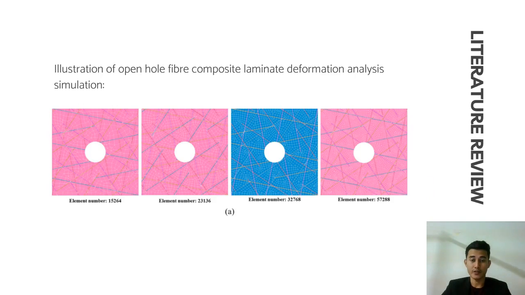Another example of illustration of open-hole fiber composite laminate. This is the increasing number of meshing from element number 15,000 up until above 500,000.